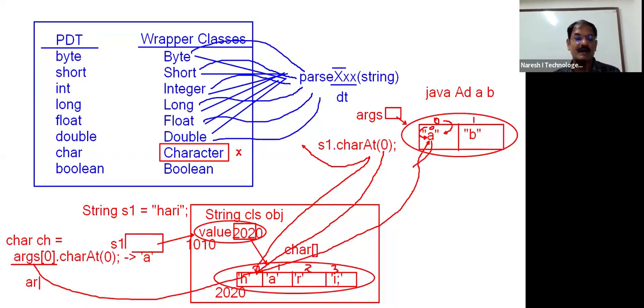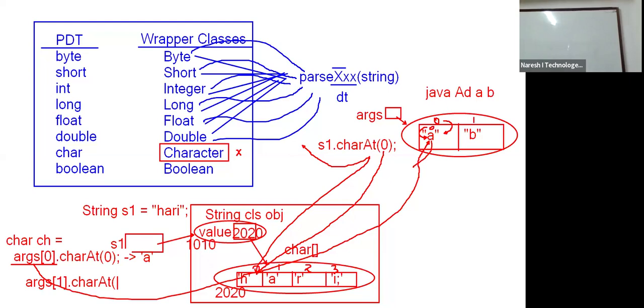Understood? Tell me, read this B out as a character. What statement do you write? args of 1 dot charAt of 1. Where is 1? This is a separate string object. In this separate string object, B is available in which location? Only one location.